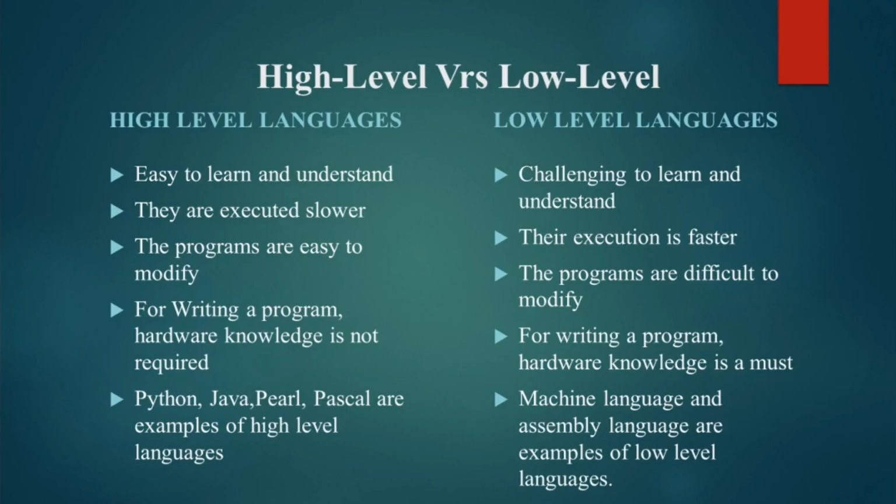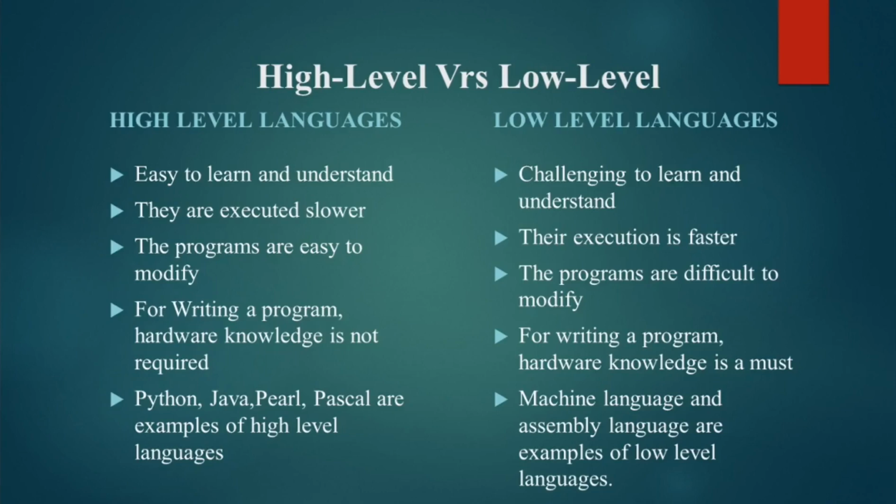But imagine you meet a programmer who does not know anything about zeros and ones. How can one modify a program written in a low-level language like machine language, which is zeros and ones, or assembly language? It will be difficult for the program to be modified. For writing a program, hardware knowledge is not required.